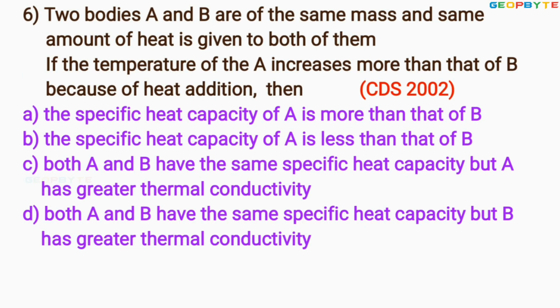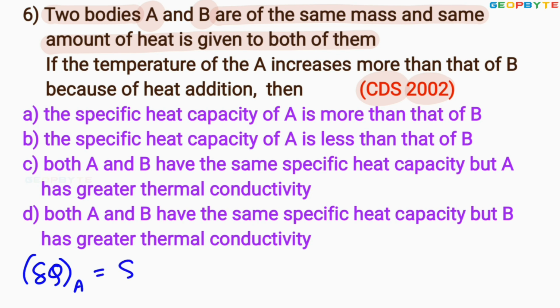Similarly, look at the next one. Asked in 2002 for CDS exam, two bodies A and B are of the same mass and same amount of heat is given to both of them. Okay, that means heat transfer for A is equal to heat transfer for B. This is one condition.